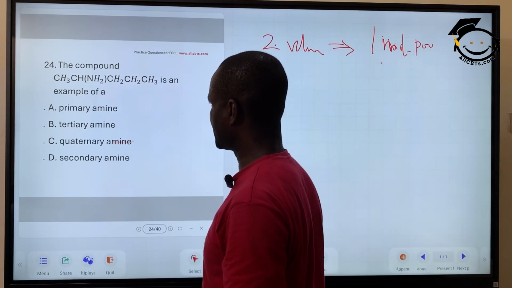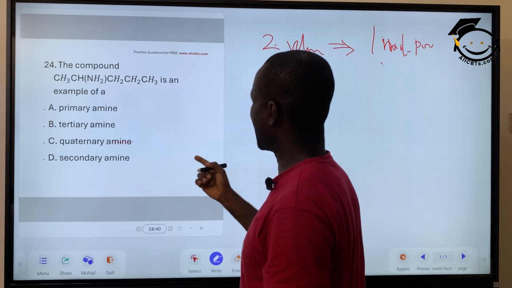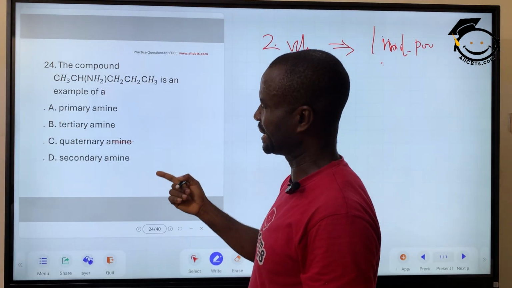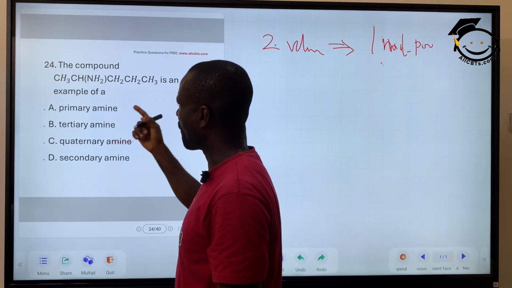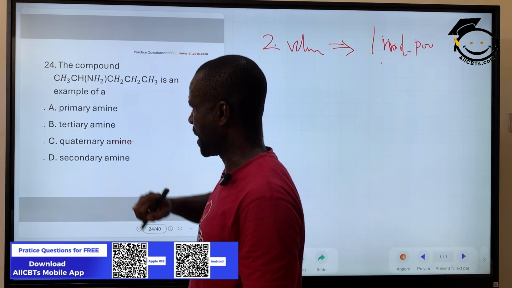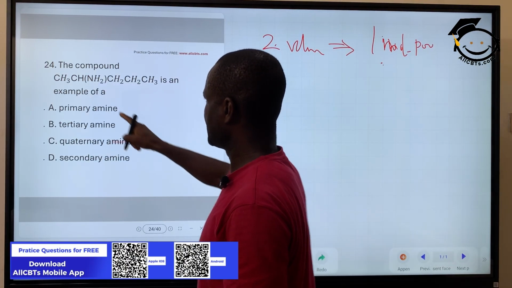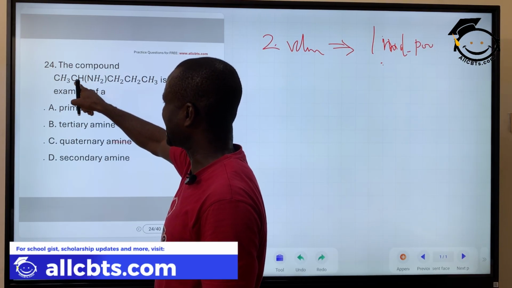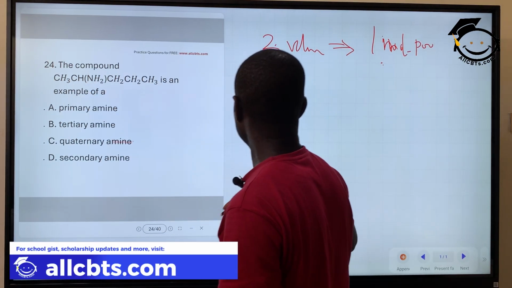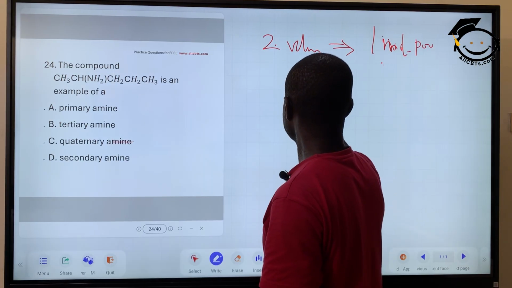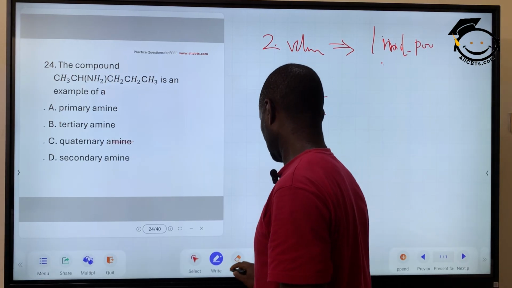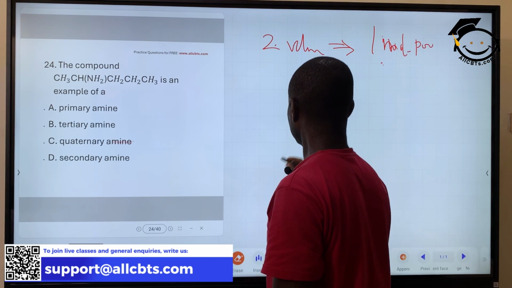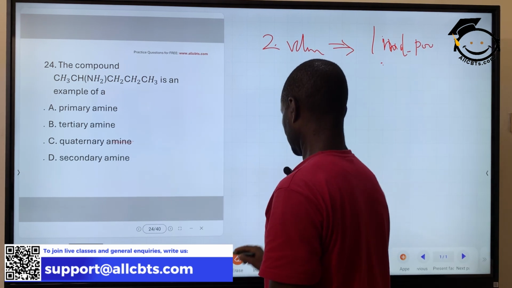Is it a primary one? Is it a tertiary? You can identify primary, secondary, and tertiary amine by the number of carbon attached to the functional group. In this case, the amine group is attached to the carbon atom that is attached to 2 hydrogen. In this case, we have carbon.